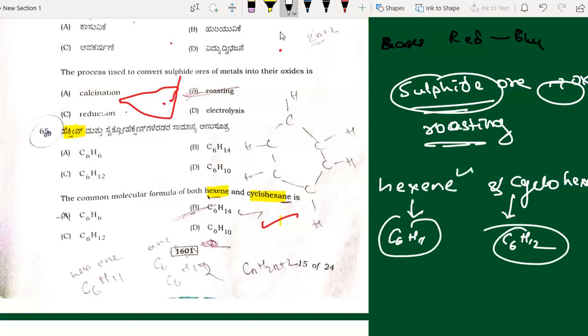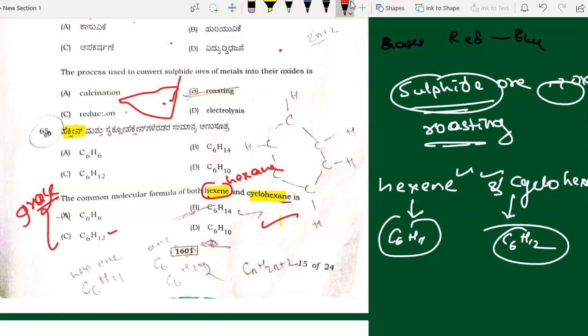So these two are not isomers. So I think it is going to be a grace question. You'll get grace marks. The question is wrong. Actually, if it were hexane, it would have been the answer.